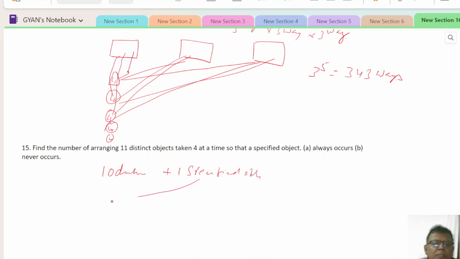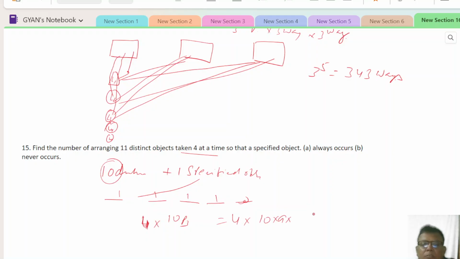This you have to take always. So this specified object you can put either here or here or here or here. So four places, four methods, and the remaining 10 can go at any place. So that is 4 into 10 into 9 into 8.